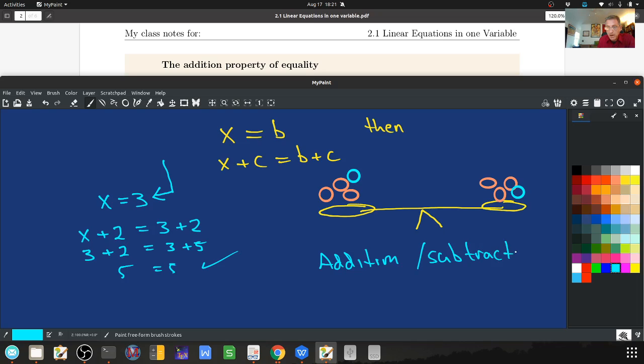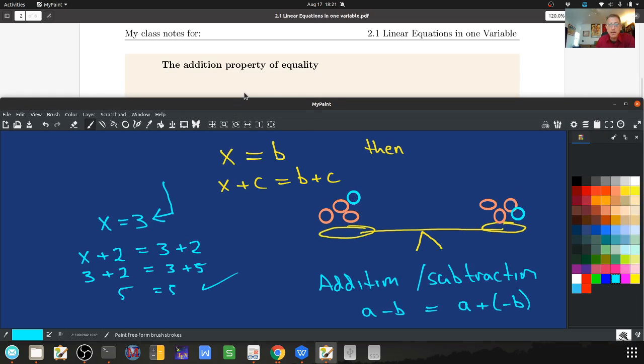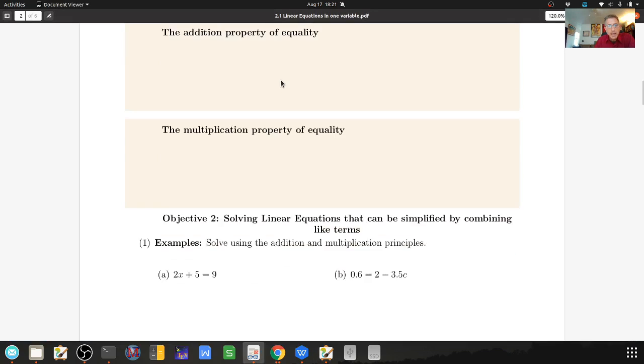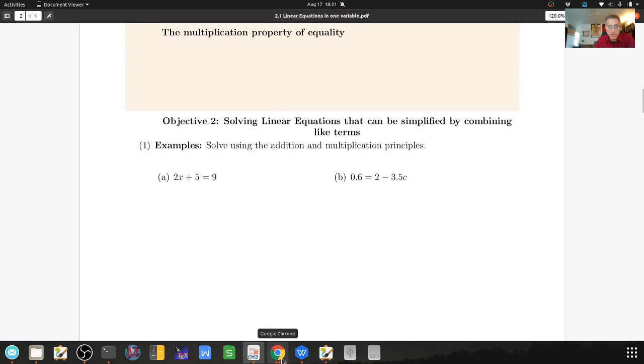So just a reminder, a minus b is the same as a plus the additive inverse of b. So we're going to be using the addition property of equality and the multiplication property of equality as well.